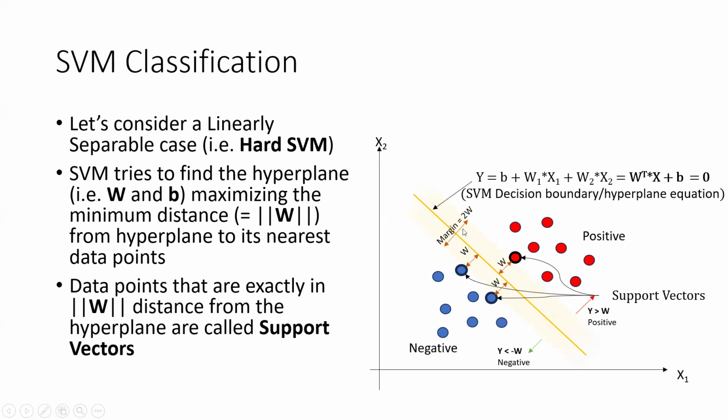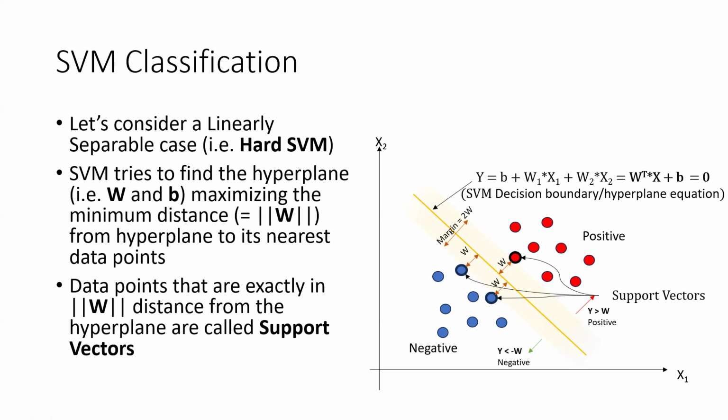So in the hard SVM, we are classifying them with 100% accuracy. And we are concerned about the data points that are very close to this boundary, so we call them support vectors. We want to draw this line so that the distance from each of these data points to the decision boundary is maximized.